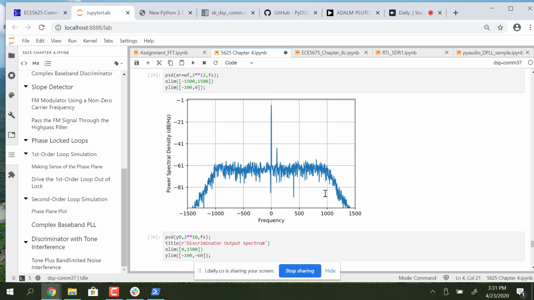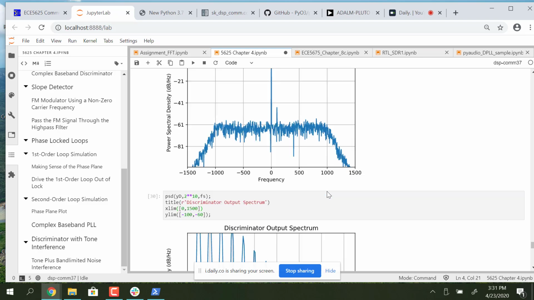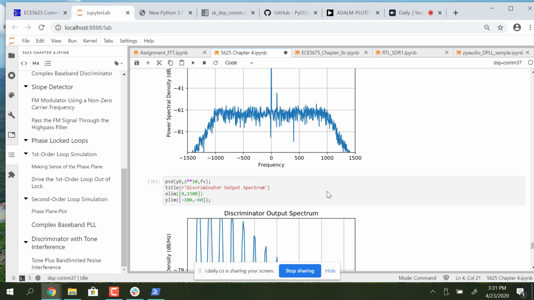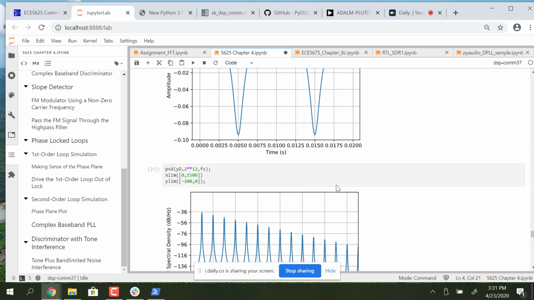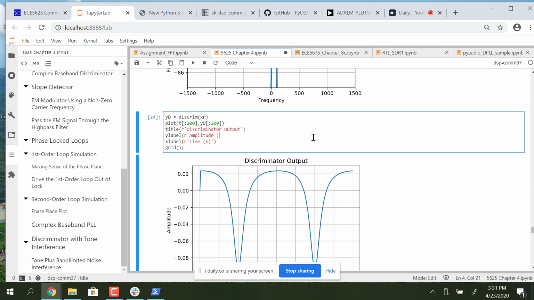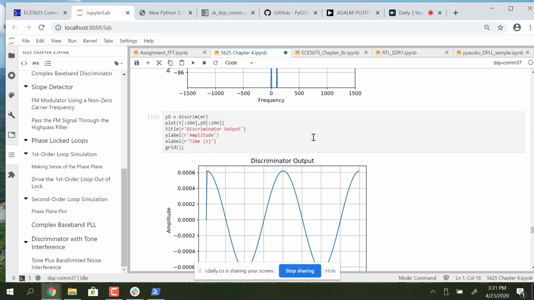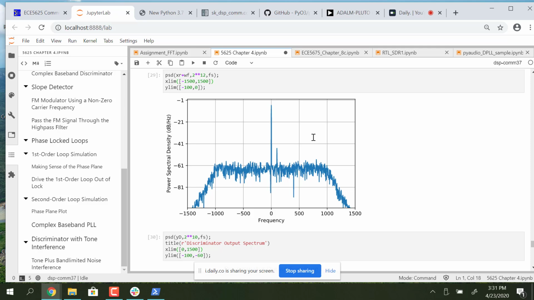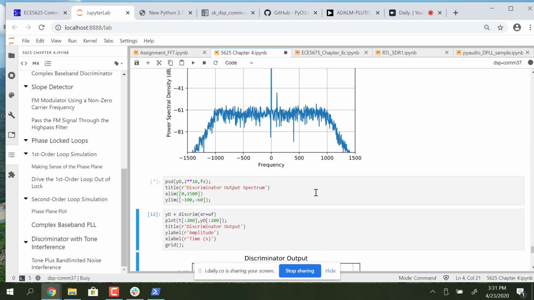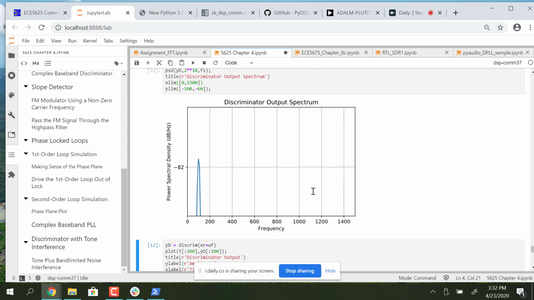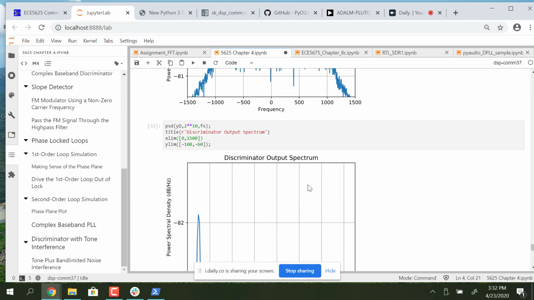which is not what I wanted to do. What did I do wrong here? Oh, I have to rerun the discriminator. I have things tied together, so I have to do that in here, I think. That's not exactly what I wanted.